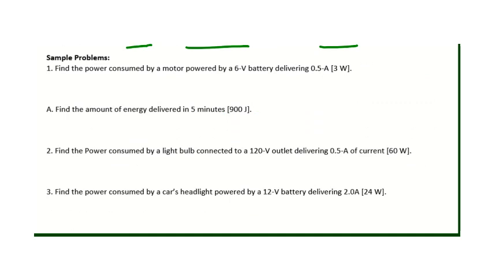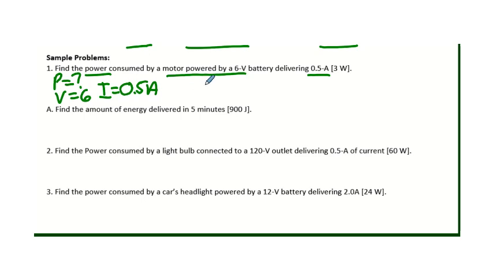So we're going to first find the power consumed by a motor powered by a 6-volt battery delivering half an amp of current. So power is what we're looking for. We have 6 volts and our current is 0.5 amps.